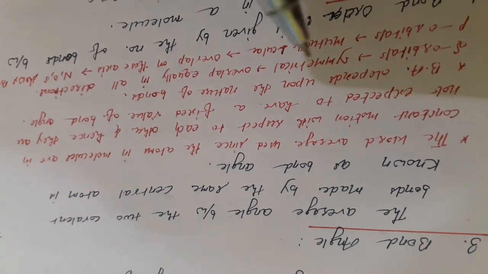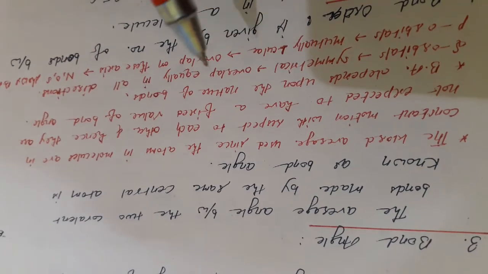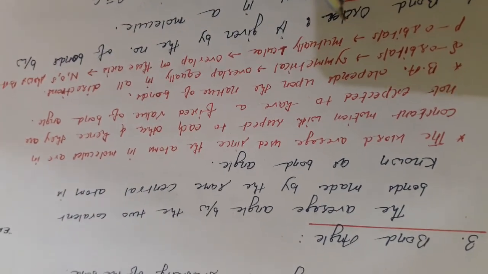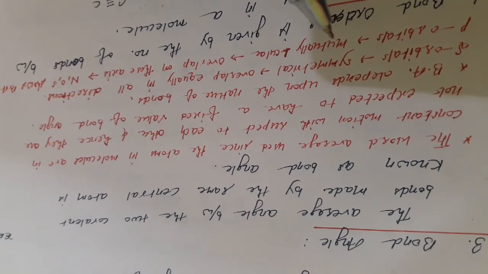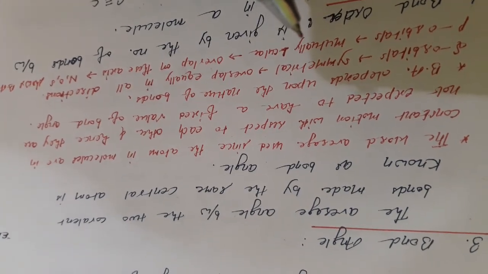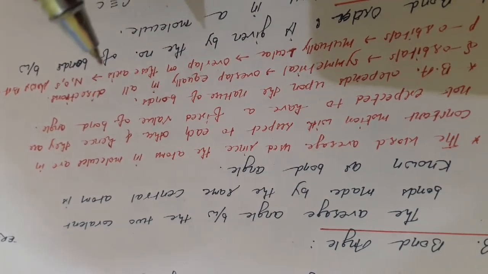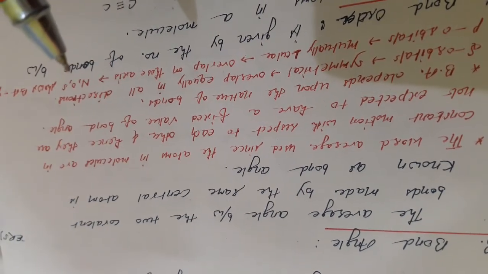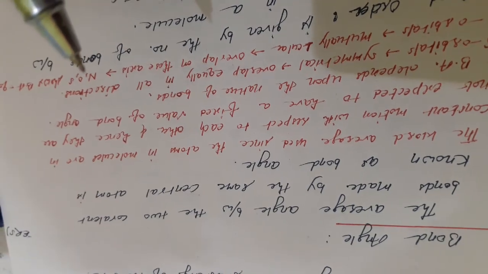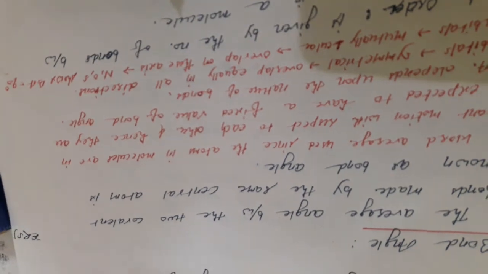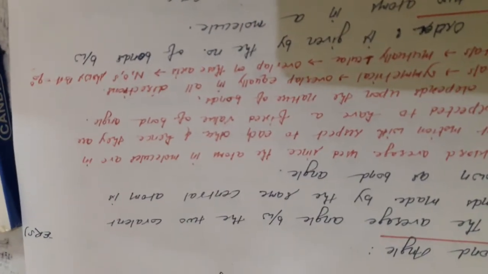Like s orbitals are symmetrical and overlap equally in all directions, while p orbitals have the presence of electrons along the axes, okay, and these are mutually perpendicular to each other and overlap on these perpendicular axes. So due to that, the bonds of nitrogen, oxygen and sulfur always show an angle of about 90 degrees.